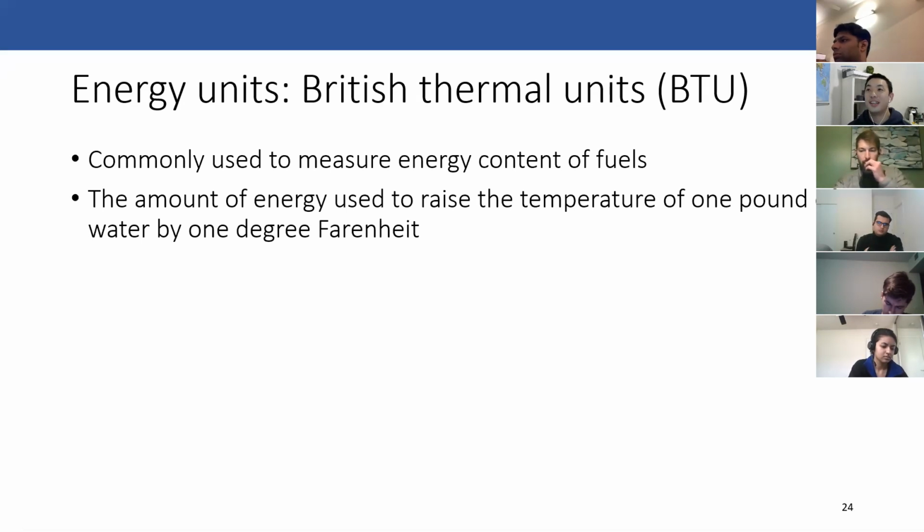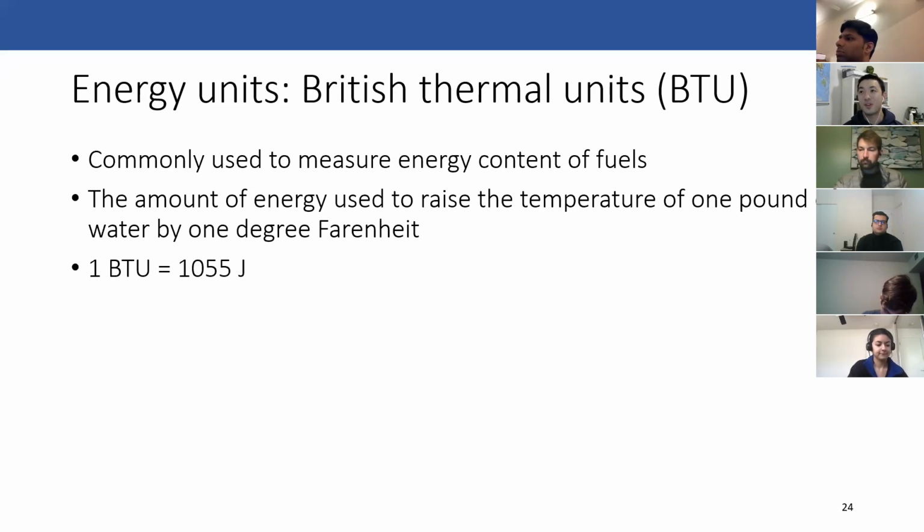So if you are not a fan of imperial metrics, this is going to be awful for you. But fuels are very often measured in these units. Fortunately, it's actually a fairly straightforward conversion, especially if you're doing back of the envelope type of things. So 1 BTU is about 1,000 joules.